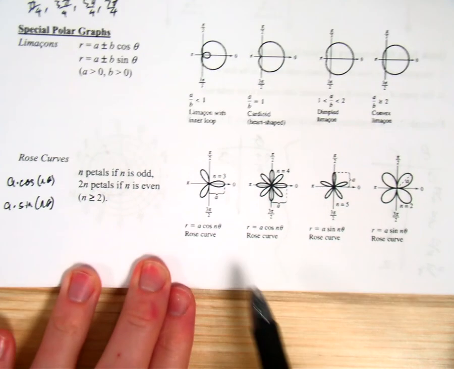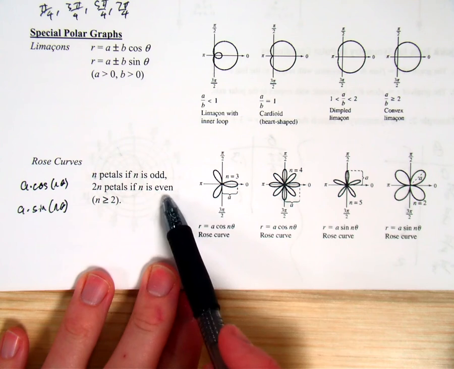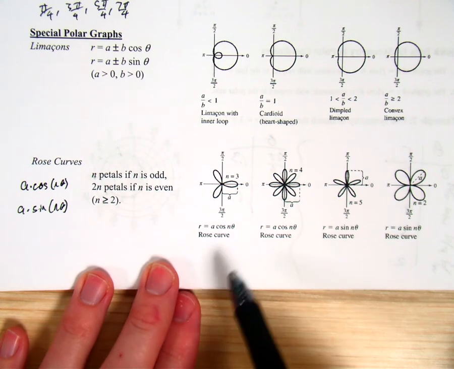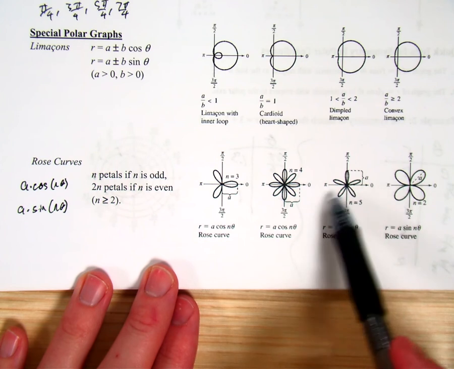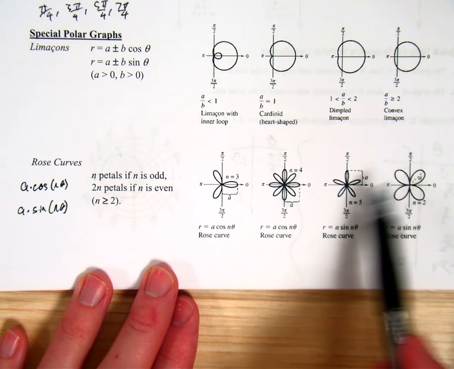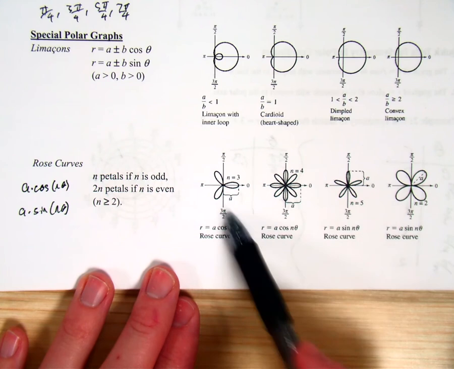If the n is odd, that's the number of petals you'll have. If n is even, you're going to have twice that many petals. Sine ones are usually going to be diagonal, and the cosine ones are usually going to be well centered. At least the even ones are going to be centered on the axes.